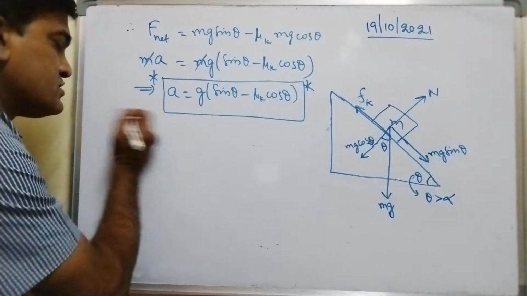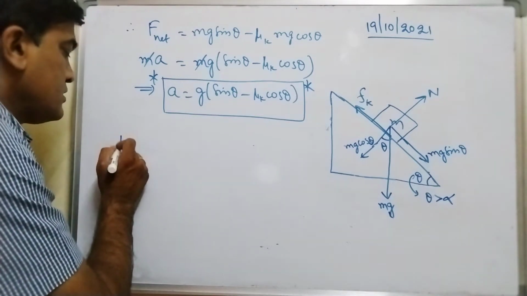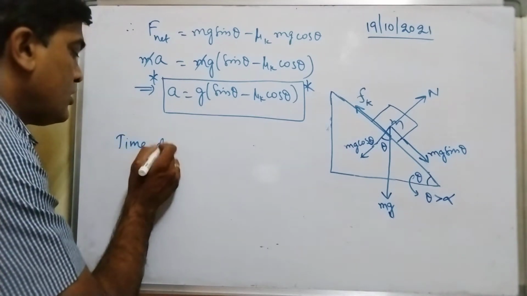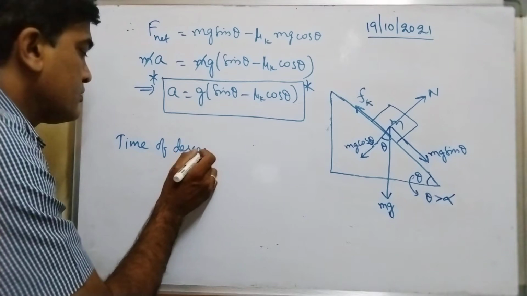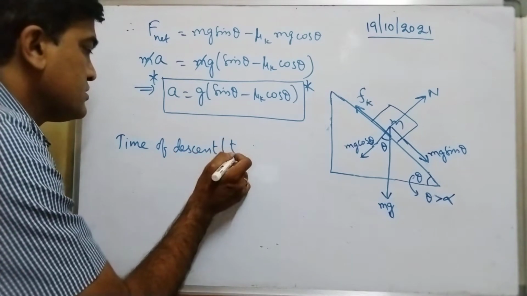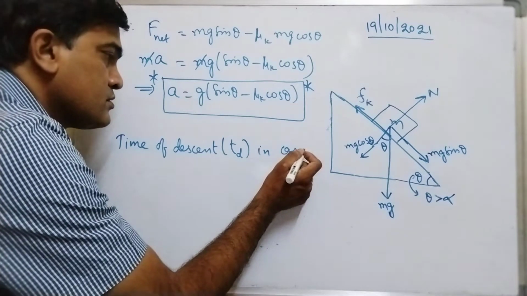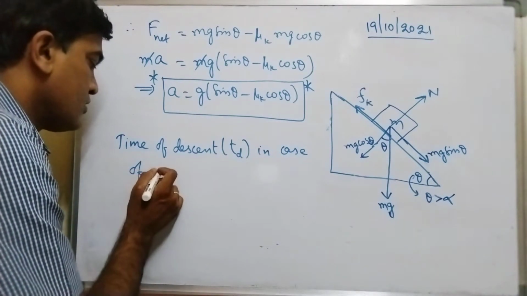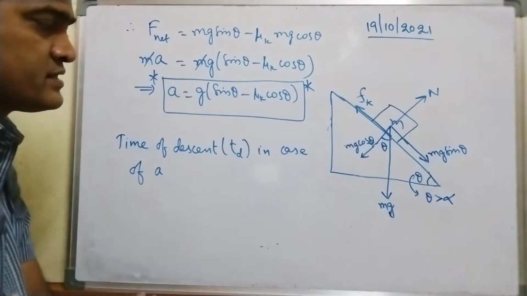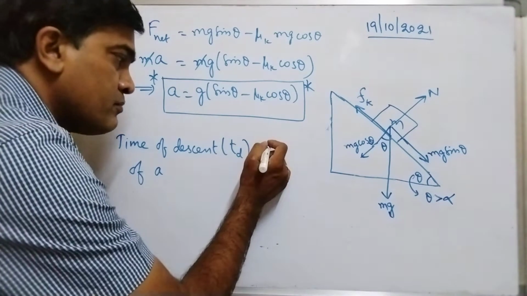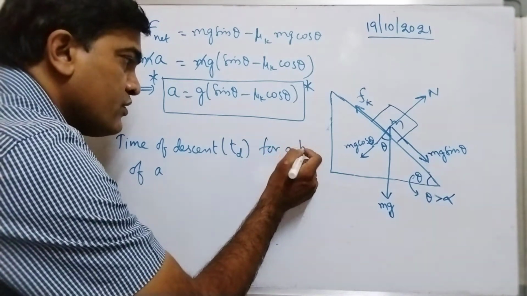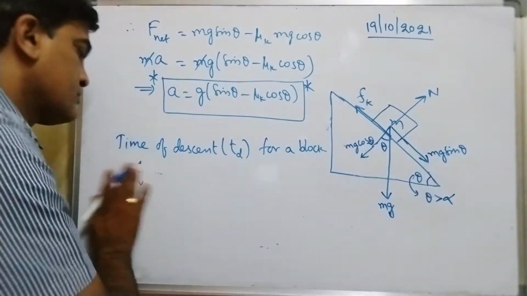Now what I want is the time of descent, TD, for a block or body.